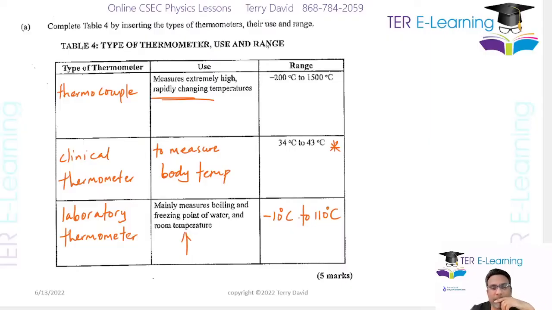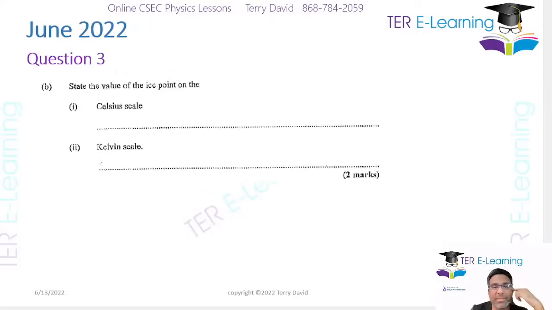All right, so that's part E. Let's move on. State the value of the ice point. On the Celsius scale, that is simply 0 degrees Celsius. Some people were wondering what that temperature is on the Kelvin scale. If you know the degrees Celsius, just add 273.